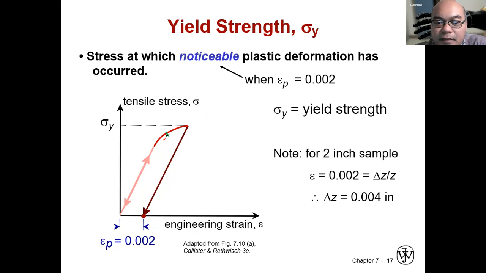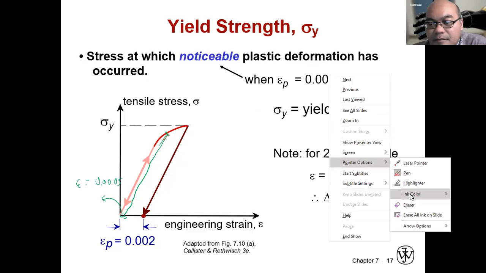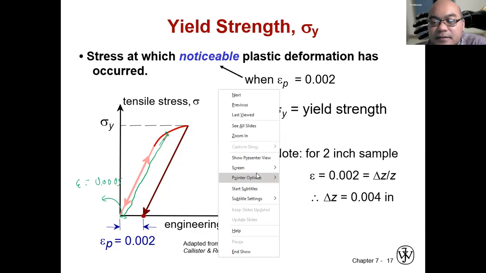Because when it is released, the strain will be only here. Let's say this is less than 0.001. This is too small to be noticeable by bare eye or by any conventional length measuring technique. So if that is the case, then it is not called the yield strength.